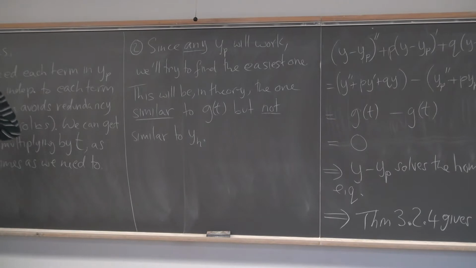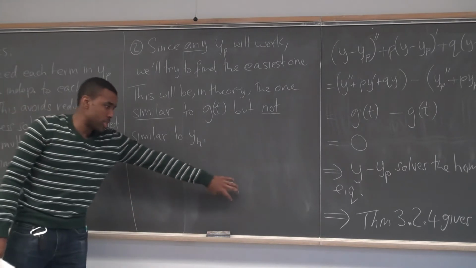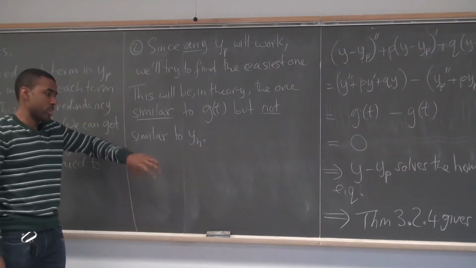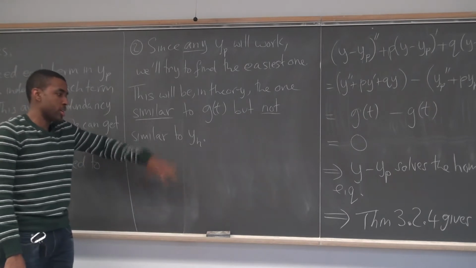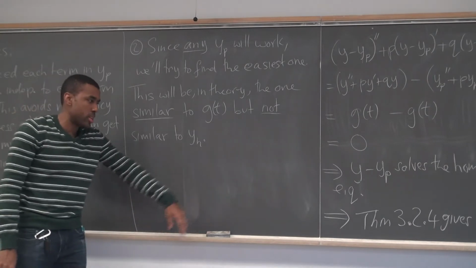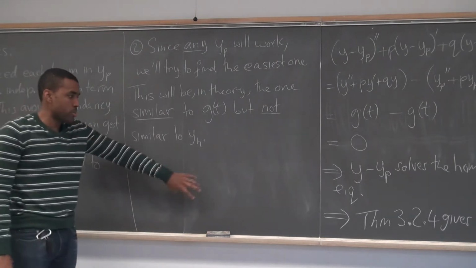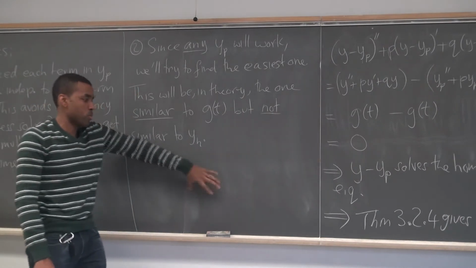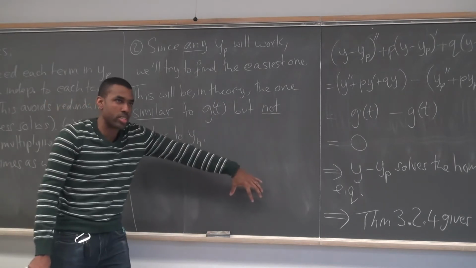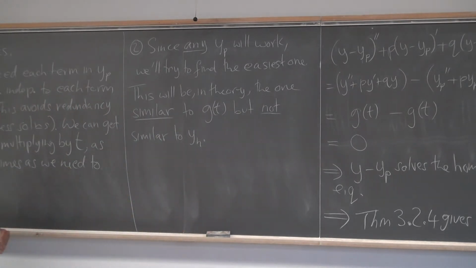This is sort of going back to when we figured out why we wanted to assume it was exponential. Well, just because of the similarity of the derivatives, right? I know if I differentiate the exponential, I keep getting the exponential back, so it sort of made sense. We're going to apply the same idea here. We just want to plug in something that's similar to the right side so that when we work everything out, we should get the right side, right? That's sort of the idea.